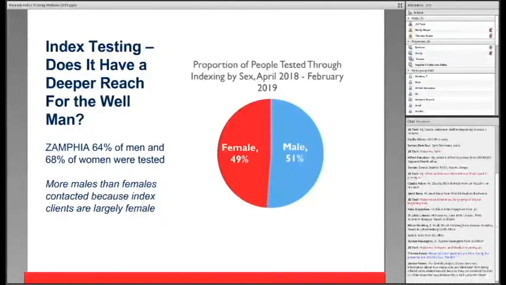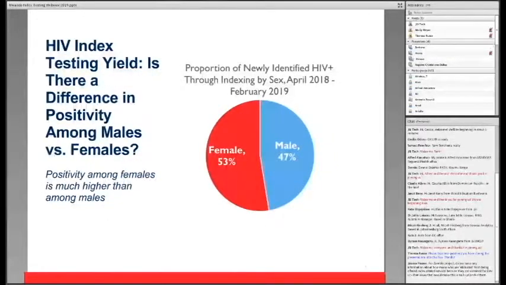With indexing, something that we've noticed from our data is that of the contacts that are tested out of going through the contact list elicitation with the index client, most of them are actually male. 51% are seen in the pie chart, compared to 49% who happen to be female.